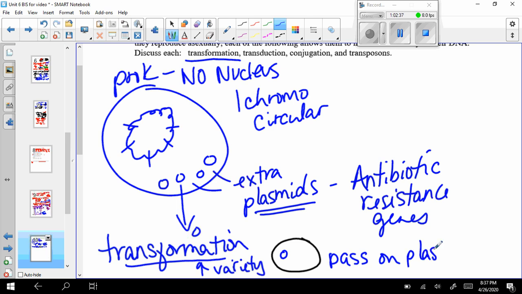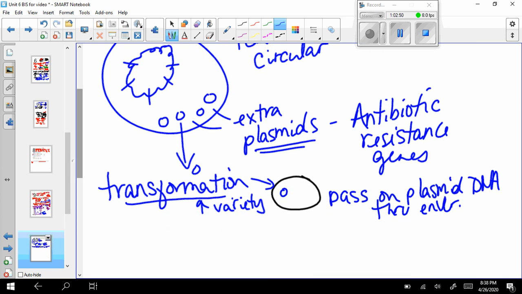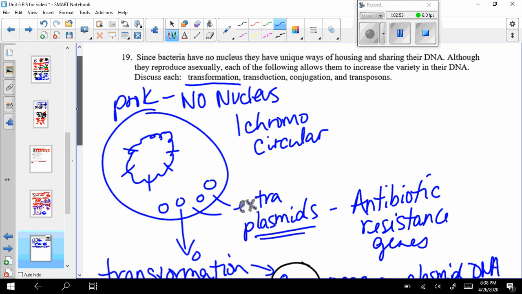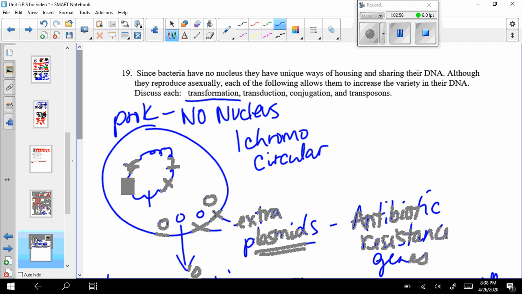Pass on plasmid DNA through the environment. All right, so this guy let it out, this guy picked it up. That is how they pass on antibiotic resistance, and that is called transformation. And we did it in lab, and you can do it with a lot more things besides resistance. We just happen to do that.